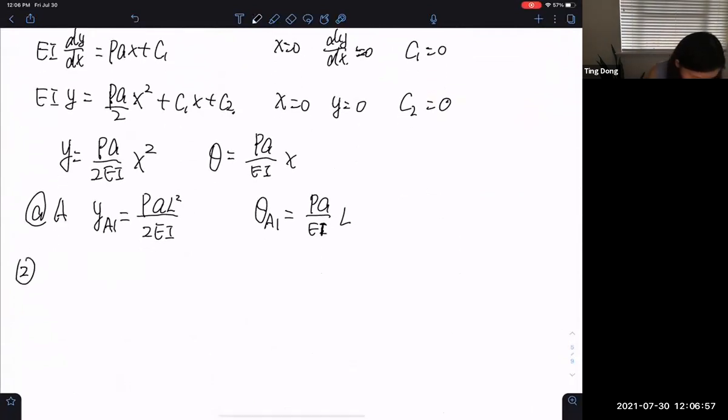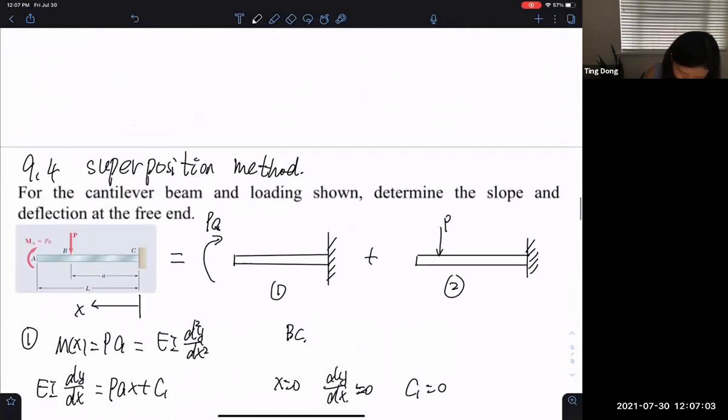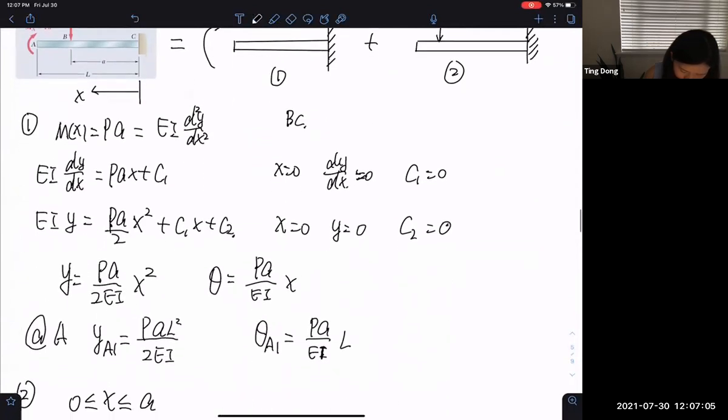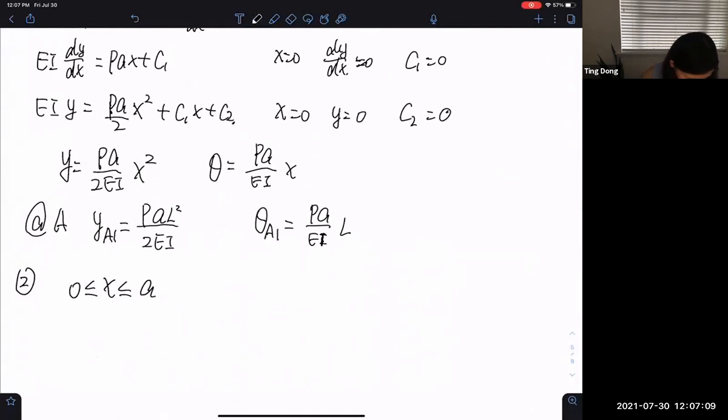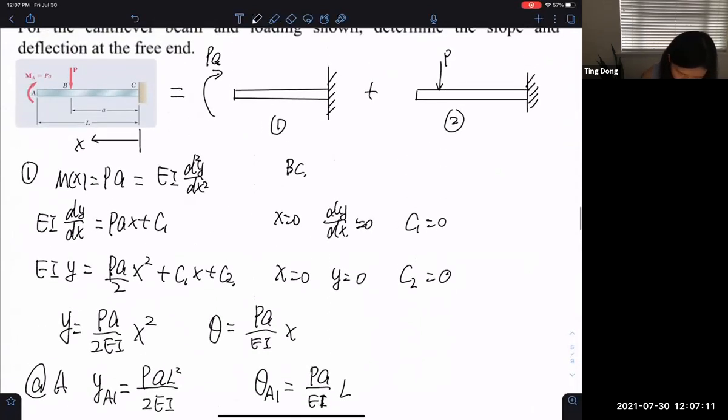So for the second loading condition, when x is between 0 and A, which means the part to the left of the force applied, the left part of point B, then let's do the right part because we're setting the x-axis from here.